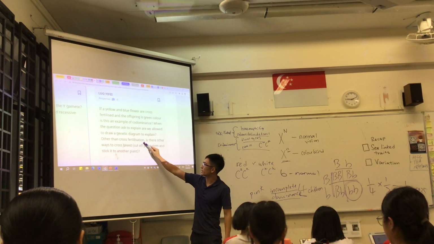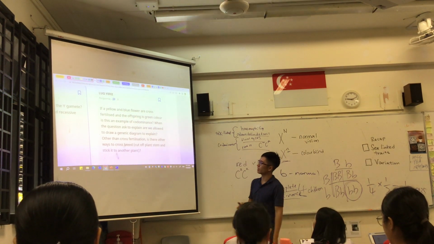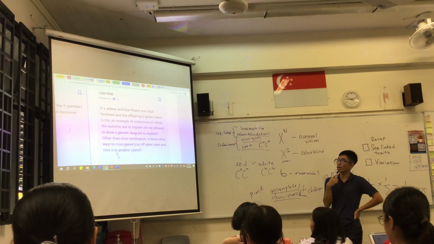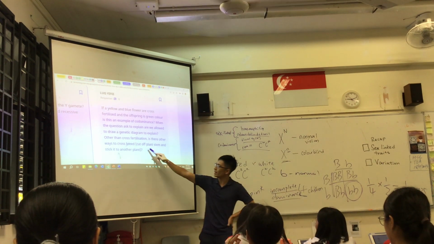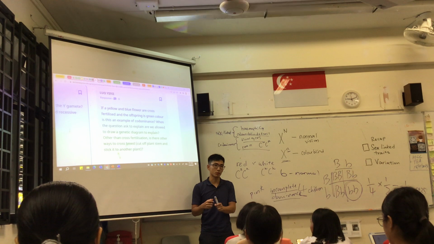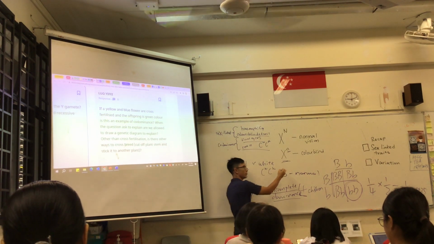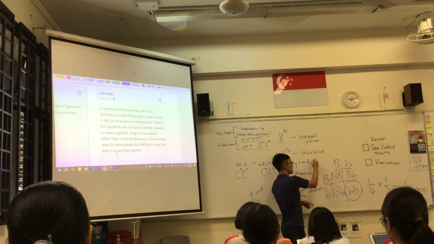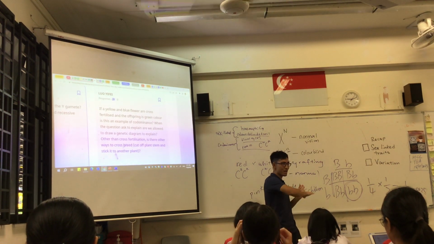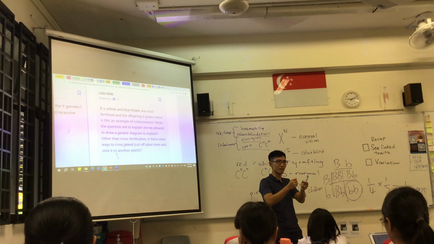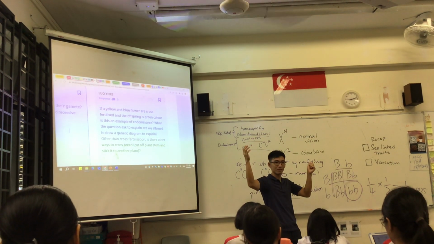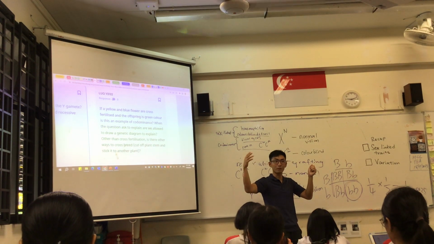Other than cross-fertilization, is there other ways to crossbreed? Cut off plant stem and stick it to another plant. Okay, what Ife has brought up over here, cut off plant stem and stick it to another plant, that's not fertilization, that's a process called grafting. I don't know if you've heard of this process before. I've heard of a particular artist where he grafted many fruit trees into a single tree. So that throughout the year, different parts of the branch will bloom different flowers and sprout different fruits.